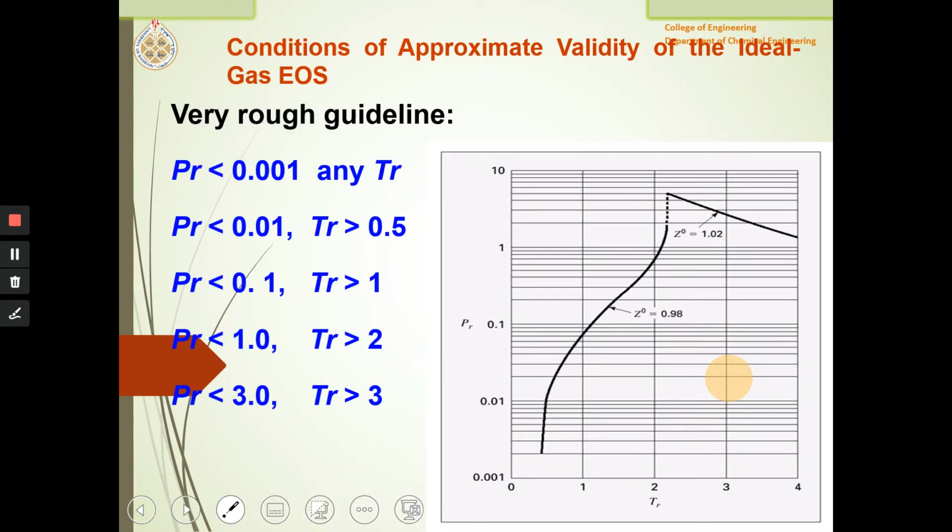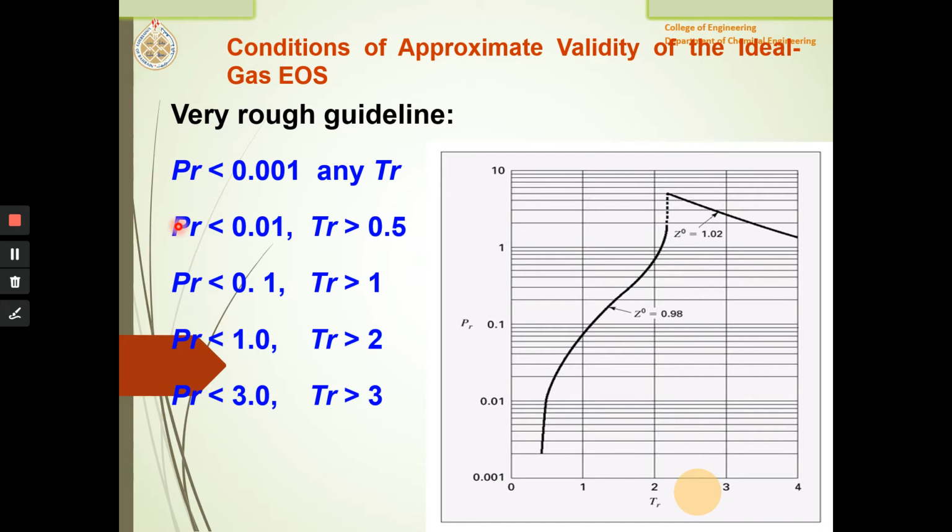When I say this region, I can also express it by ranges. If PR is less than 0.0001, but any TR, where is PR? Here. My PR should be less than 0.0001 and any TR. That is ideal.